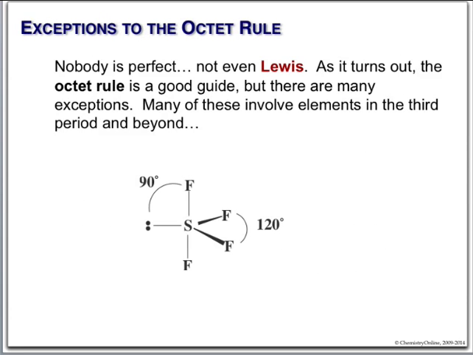Now, I said that when we make structures, we shoot to make the central atom have 8 electrons. That's the octet rule. There are, however, many, many exceptions to the octet rule. This is one example. This is SF4.